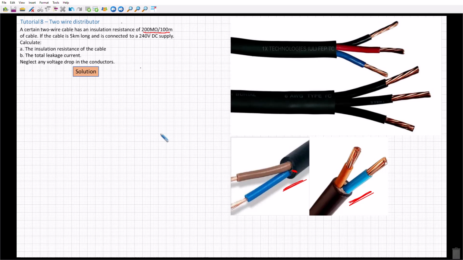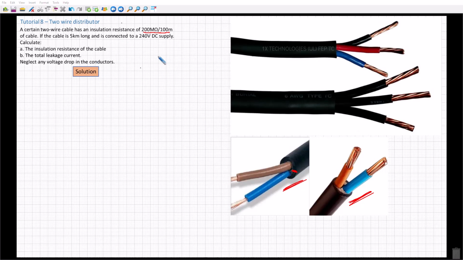But before we do that, let's first find the total insulation resistance of this cable. This is going to be a bit tricky, because the insulation resistance of a cable is inversely proportional to the length of the cable. What it means is, the longer the cable gets, the smaller its insulation resistance gets.